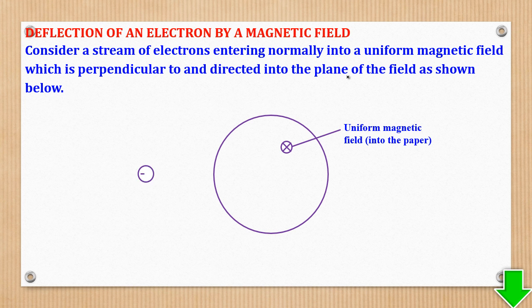So that will be the uniform magnetic field. This will be the electron. It enters the field, it follows its path, and it also comes out of the field.